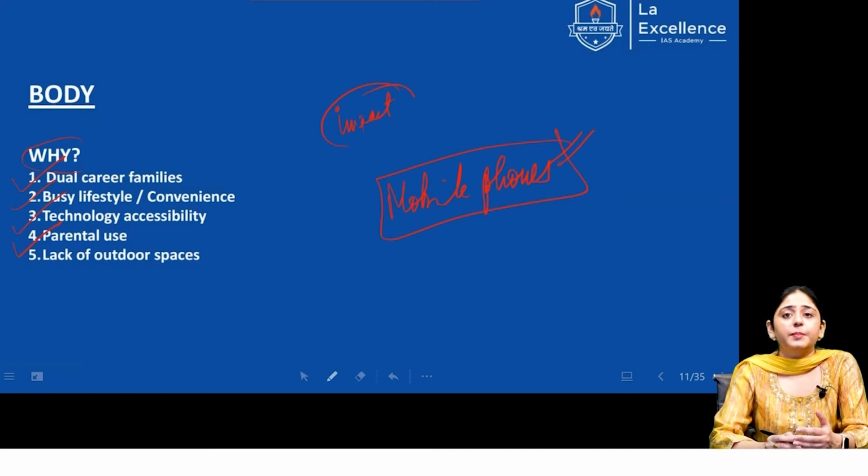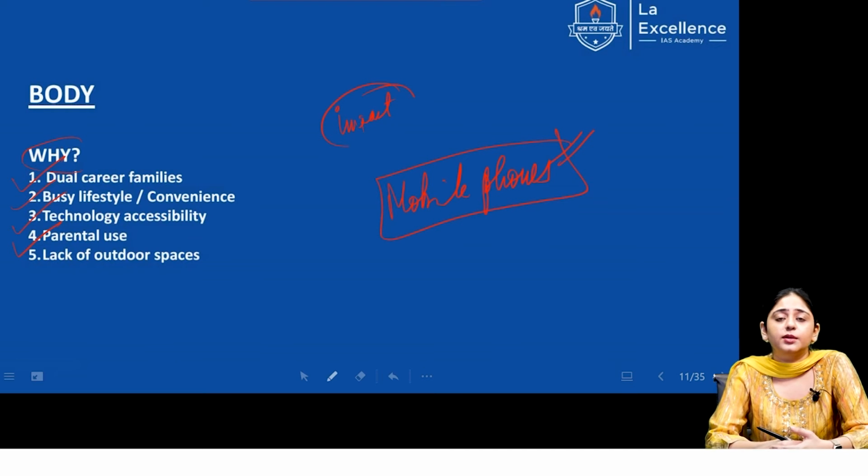Then next is parental use. Now children in their growing age model their parents. Whatever the parents are doing, they'll try to copy that, right? In small girls, it's very common. If they see their mother applying lipstick, they will, probably very slyly, or in the absence of their mother, try to use those makeup products, right? So they model their parents.